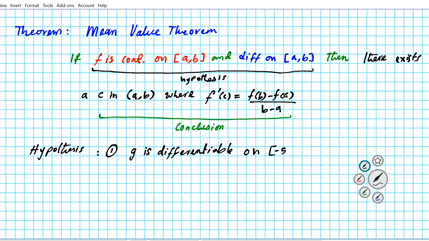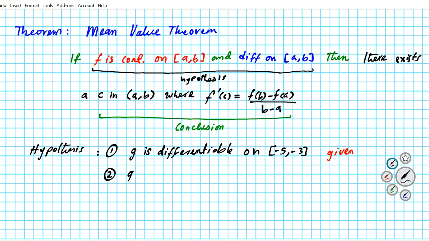How do we know? We were given this piece of information. It's a given, okay? Now, how about continuity? Ladies and gentlemen, continuity is a condition for differentiability. Okay, so we automatically know that g is continuous.